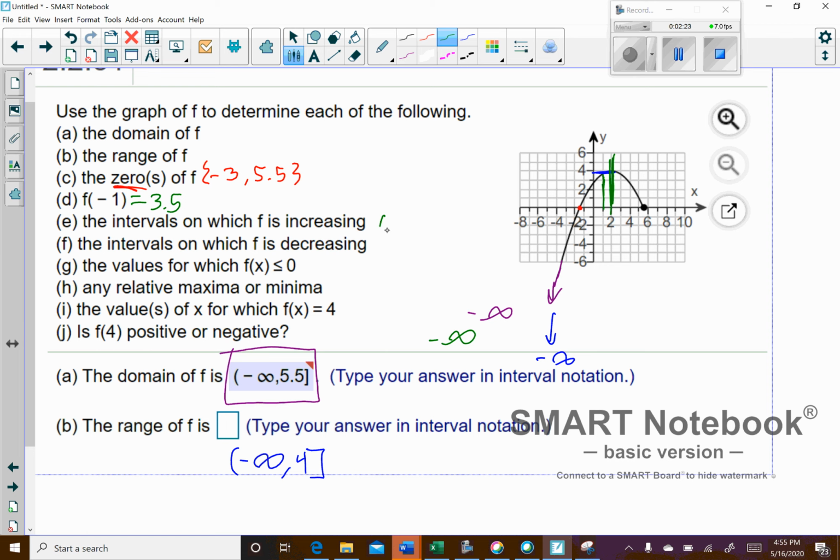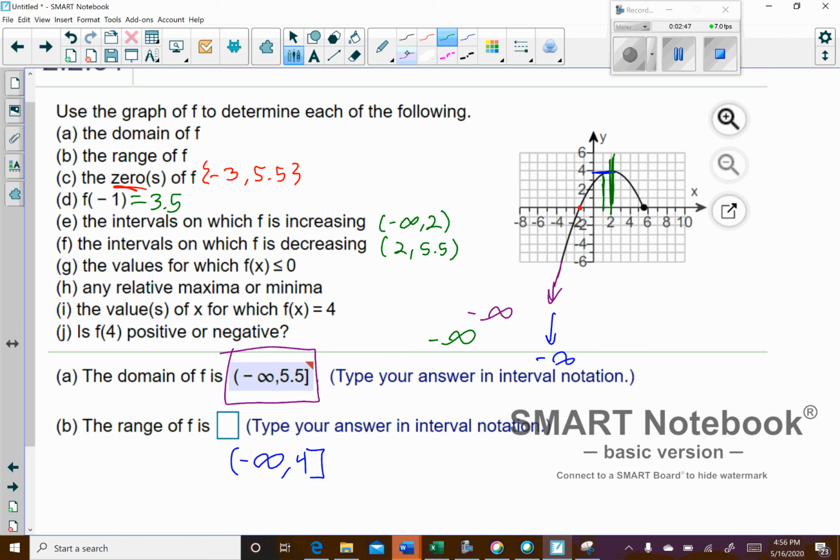So it's increasing from negative infinity to 2. Always use parentheses on our intervals for increasing and decreasing, so you don't have to worry about brackets on those. The next one is where's it decreasing? Well, it looks like it's decreasing after we pass 2 to 5.5. So from 2 to 5.5, it's decreasing.